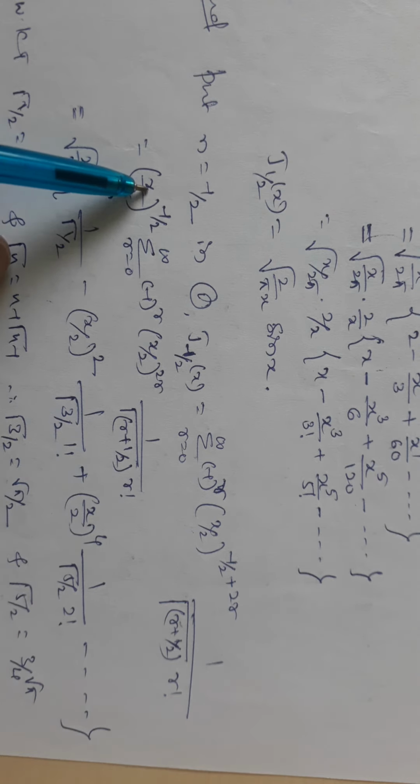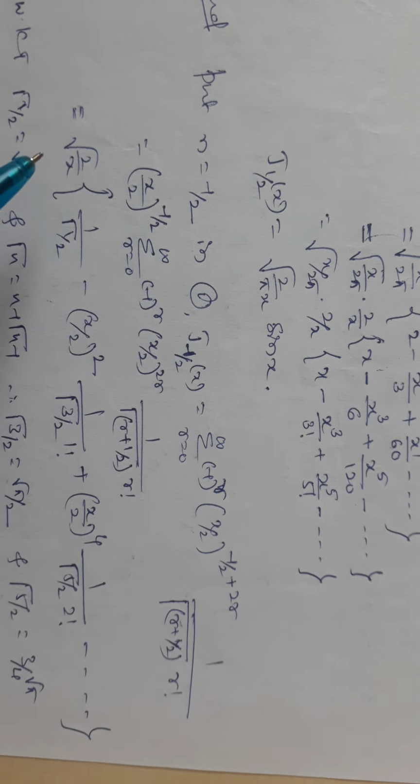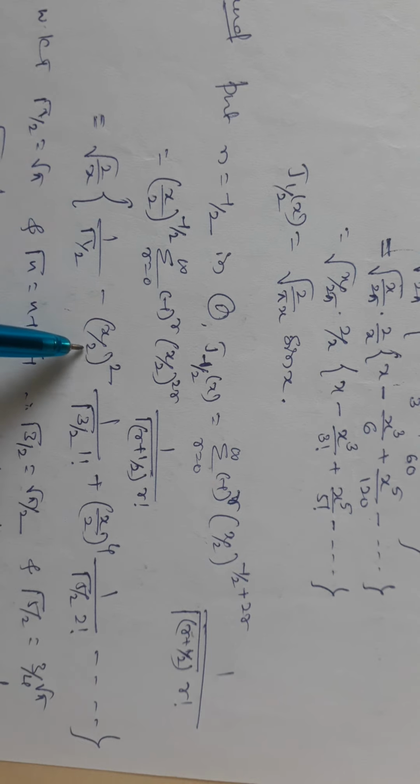Here x by 2 to the power minus 1 by 2, this is minus, means it is in the denominator, therefore we can write it as square root of 2 by x. Now by expanding the summation starting from r equal to 0, we'll have 1 by gamma of half minus x square, x by 2 whole square, 1 by gamma of 3 by 2, 1 factorial, plus x by 2 whole to the power 4, 1 by gamma of 5 by 2 into 2 factorial, minus and so on.